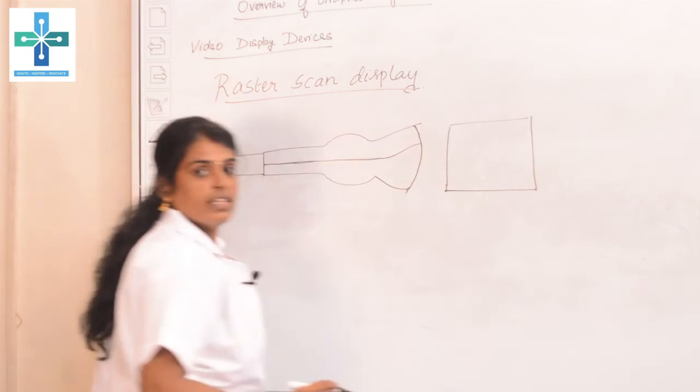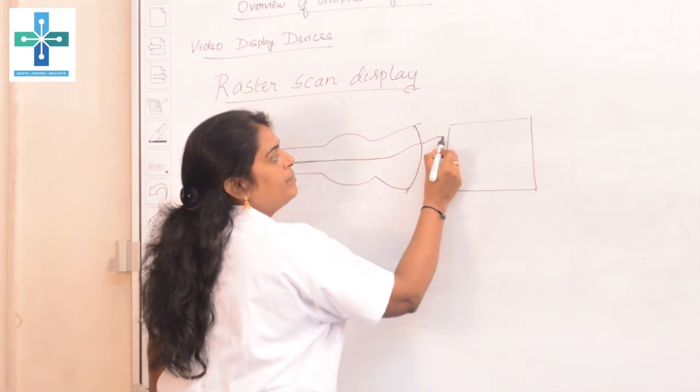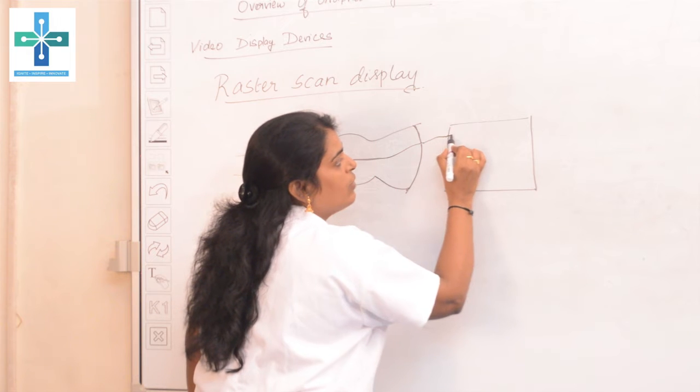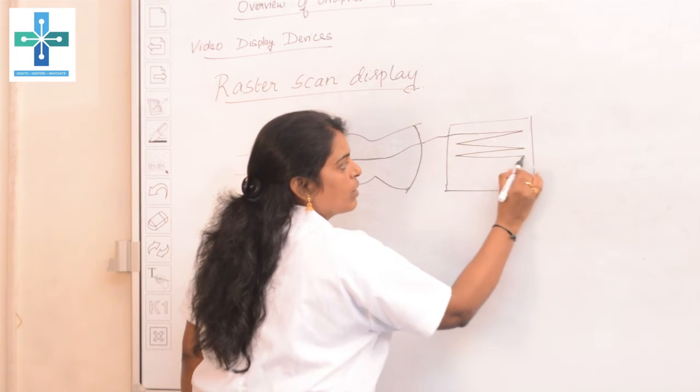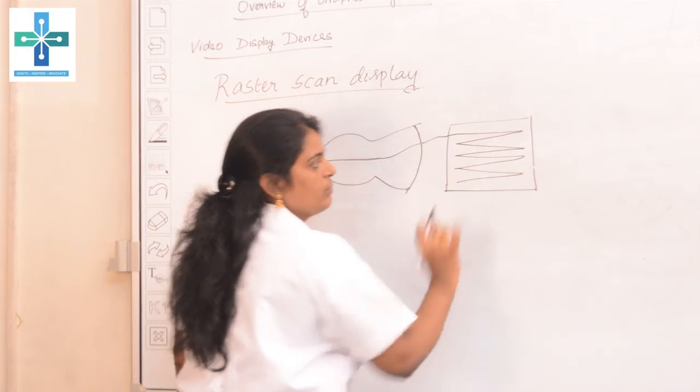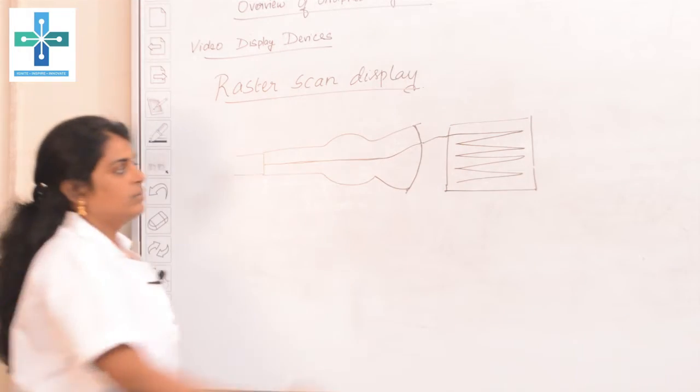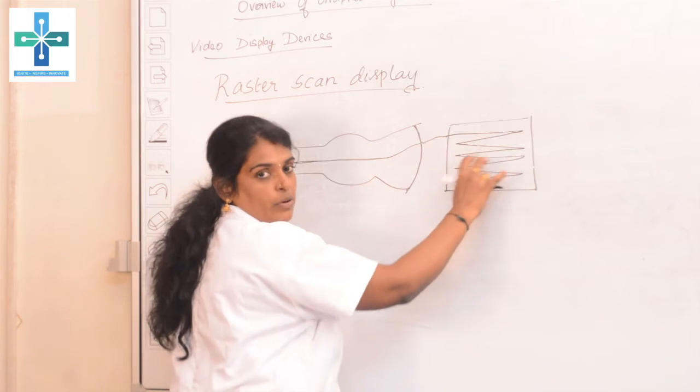So what happens is that the beam will traverse row by row.